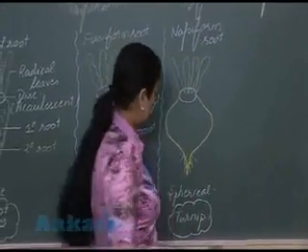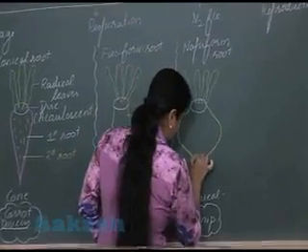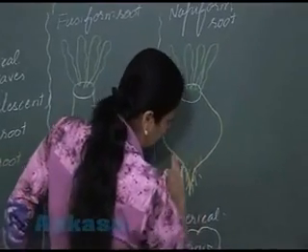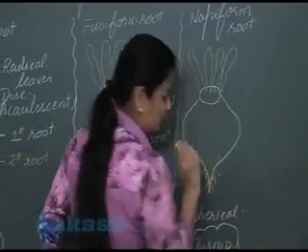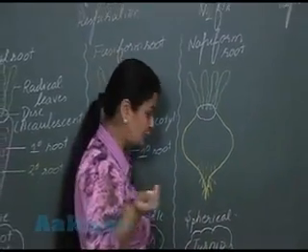Turnip. Now, in this case, you can see that in the turnip, only in the lower part, only in this part, there is presence of the secondary roots which are reduced.